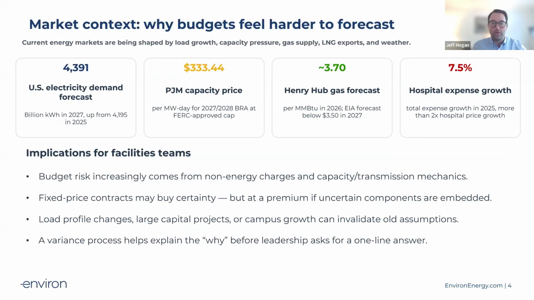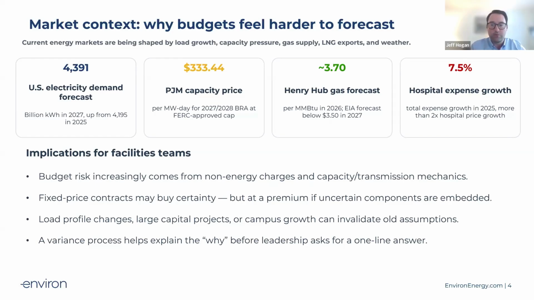So this slide is ultimately looking to accomplish why does it feel harder to forecast? And what we're seeing here is that in many of the parts of the country, electricity demand is growing. We're seeing that in the news. We're seeing that in likely energy market updates that are being provided to you by your teams.